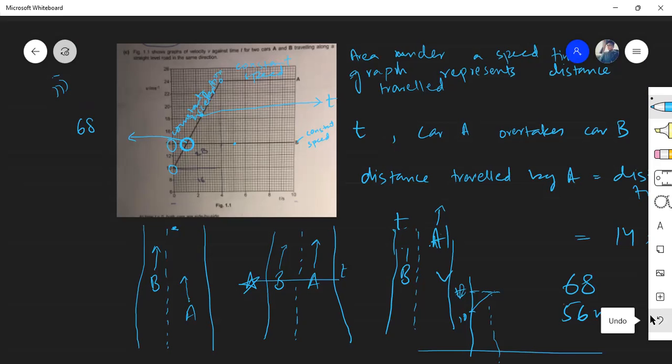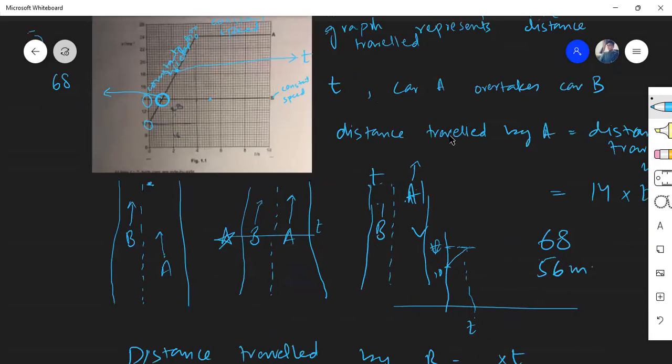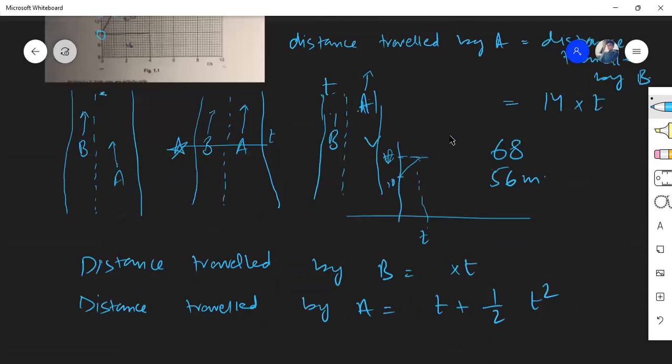So if you ask me at time t equals 2, how much did car B travel, well, I'll just multiply by 14, 14 times 2, that's 28 meters. So this is the constant speed that B is moving at.